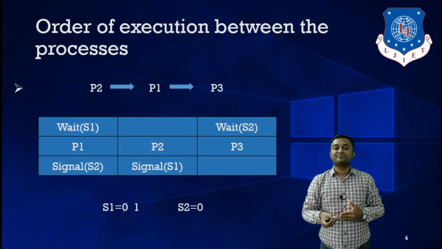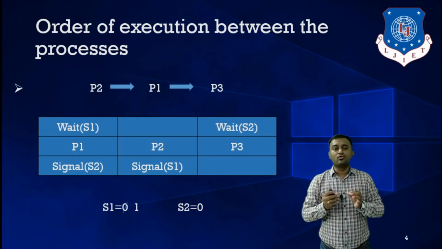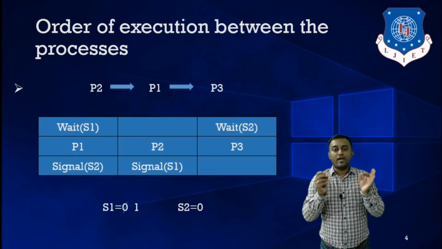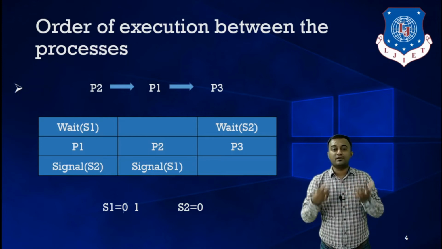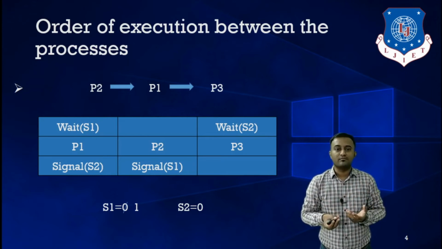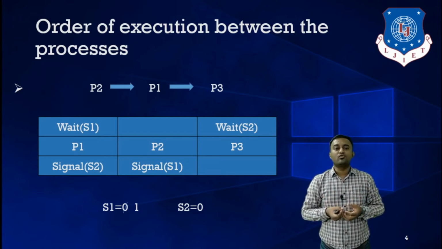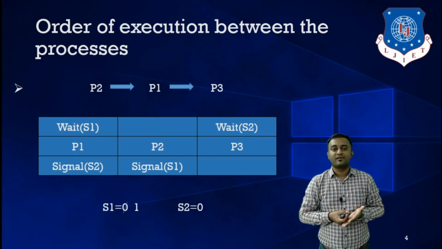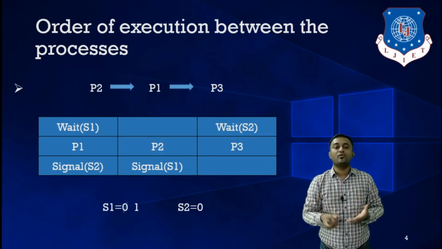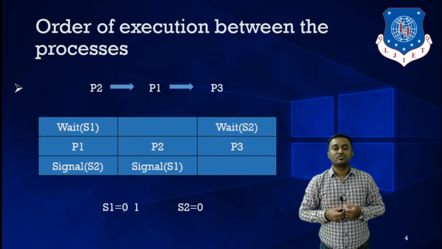Yes, P3. So if I want to avoid the operating system executing P1 or P3 first, what I need to do is execute the wait statement, or we say the wait operation, first as far as P1 and P3 are concerned.